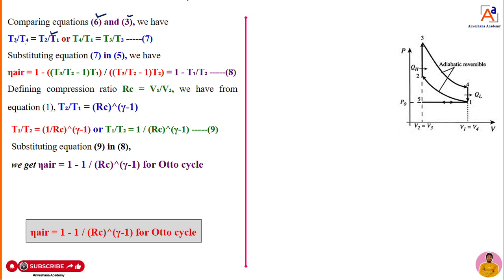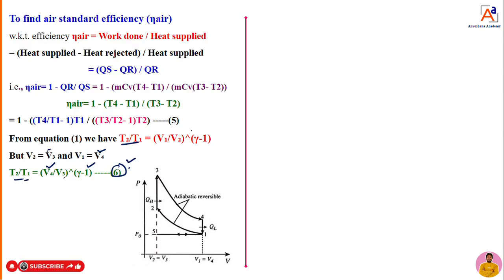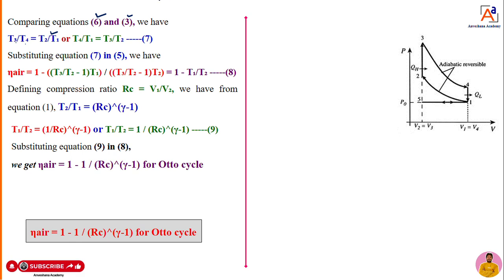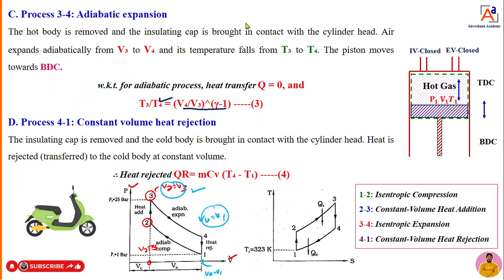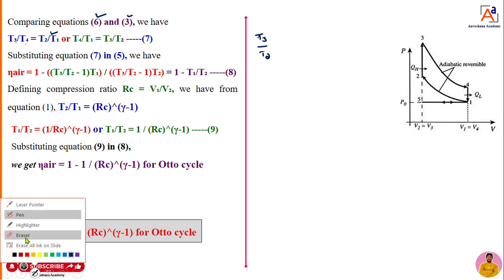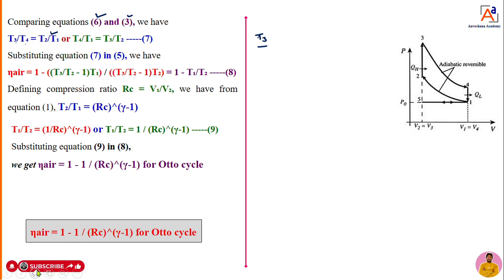You understood or not? So I will write once again. T3 by T4 is equal to V3 by V4 to the power of gamma minus 1.